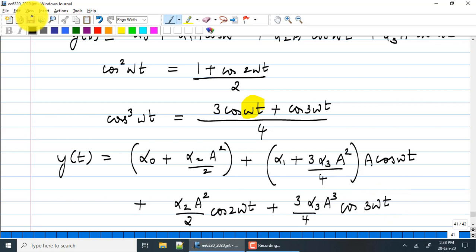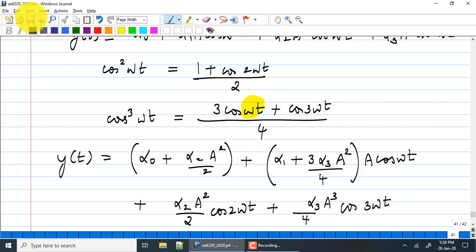Okay? I've just written out those terms. DC, fundamental. There is no 3 in the last one. Yes, perfect.